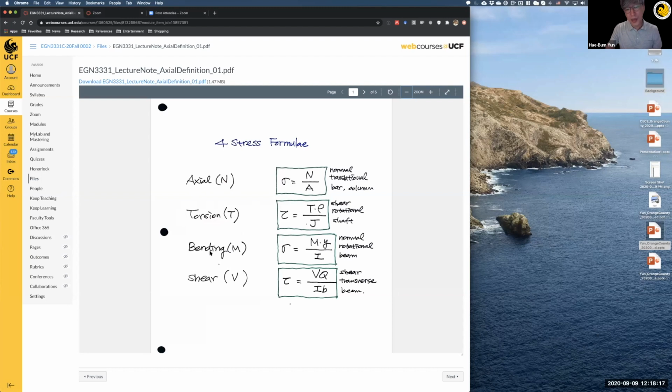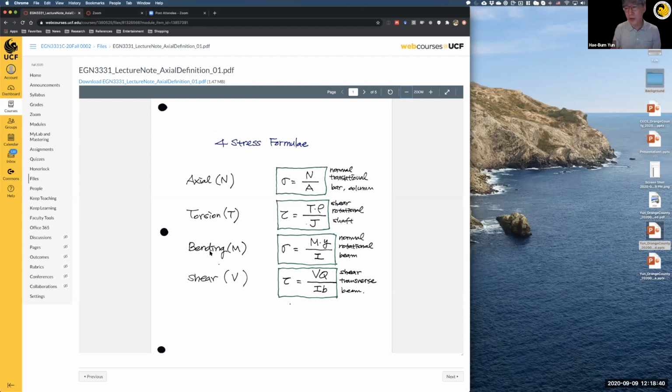How about bending? Truss, Gabriel, are you sure about that? Horizontal beams, okay. Yeah, that is correct.